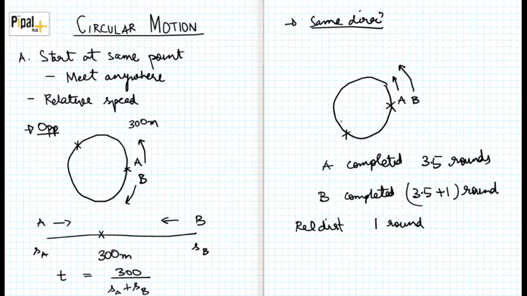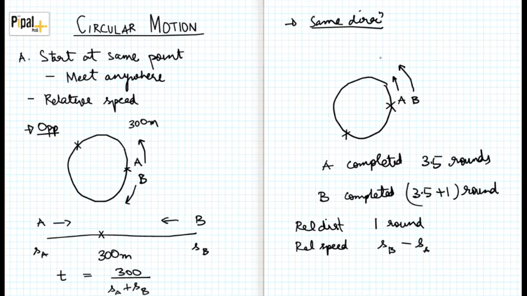Because no matter where they meet for the first time, B has taken exactly one extra round over A to be able to meet. So the relative distance becomes one round, and obviously the relative speed is this time the speed of the faster minus the speed of the slower.